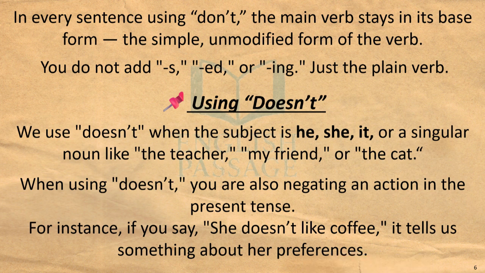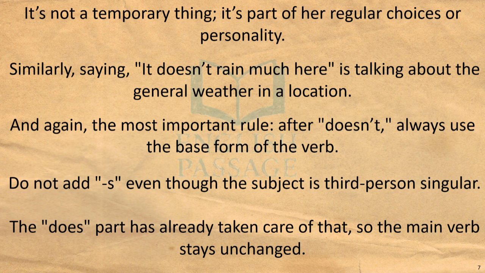Using doesn't. We use doesn't when the subject is he, she, it, or a singular noun like the teacher, my friend, or the cat. When using doesn't, you are also negating an action in the present tense. For instance, if you say, she doesn't like coffee, it tells us something about her preferences. It's not a temporary thing, it's part of her regular choices or personality.